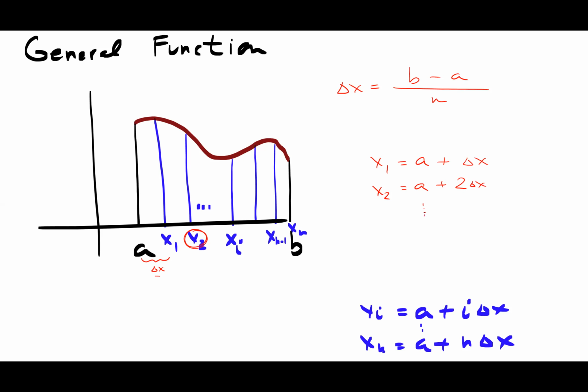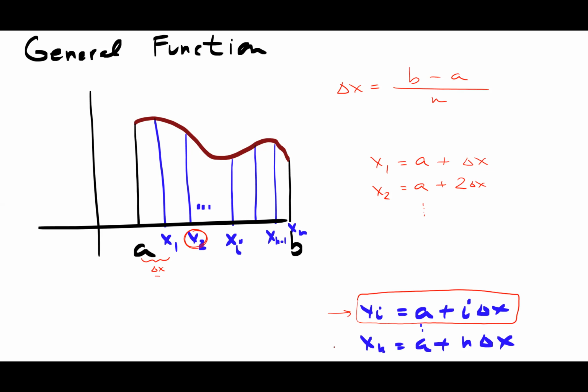But in the middle, we have this right here. So any slice in the pie is going to give me x sub i, and it's going to be a plus i delta x. And that's important because that's going to give me my index for summations.